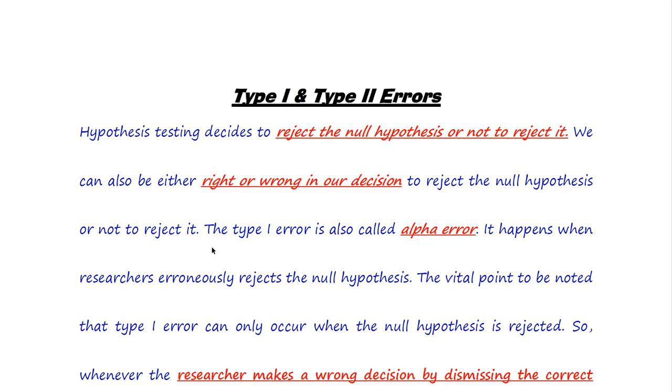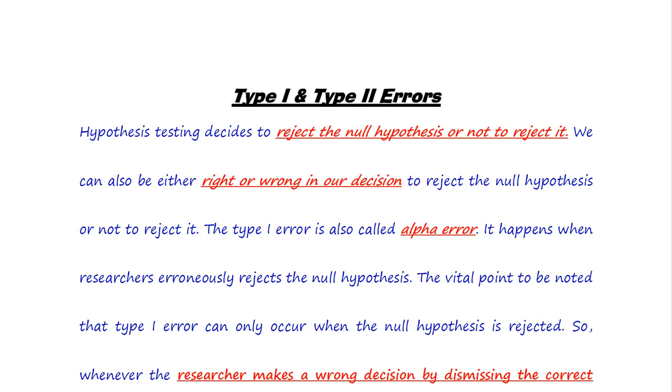The type first error is also called alpha error. Mathematical notation, the other name of type first error is alpha error. It happens when researchers erroneously reject the null hypothesis. The vital point to be noted is that type first error can only occur when the null hypothesis is rejected.